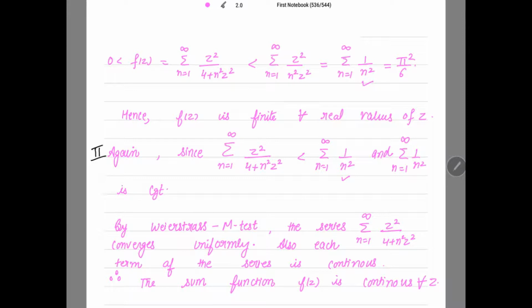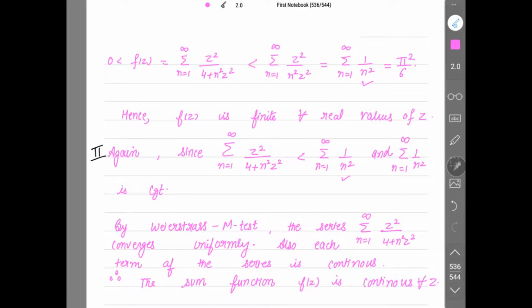So by the Weierstrass test, the series of z square over 4 plus n square z square converges uniformly. Also, each term of the series is continuous. Therefore, the sum function f(z) is continuous for all z, by the second remark.